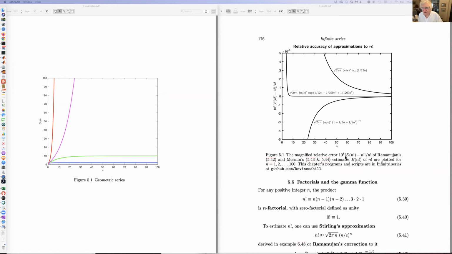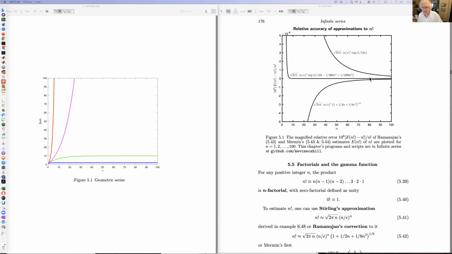Let me get them straight. This one is Mermin's first approximation. This one is Ramanujan's, which is better. And this one is Mermin's second approximation. And now you might say, well, where's Stirling's formula? Well, Stirling's formula would be off, the error would be off the chart.